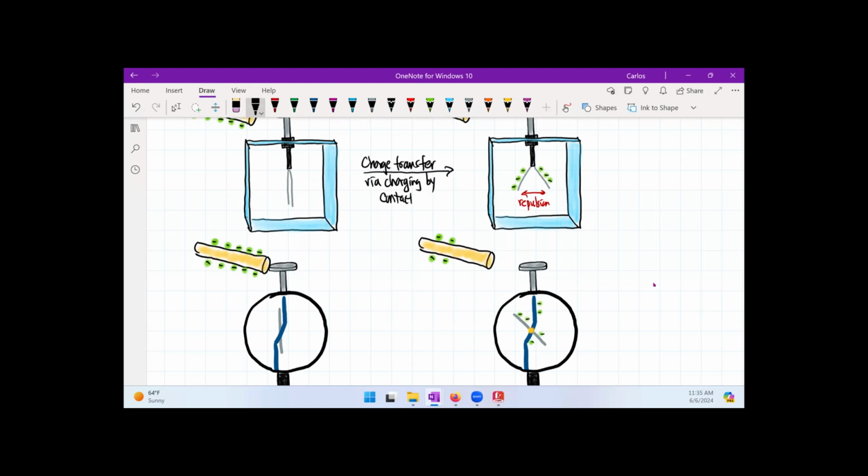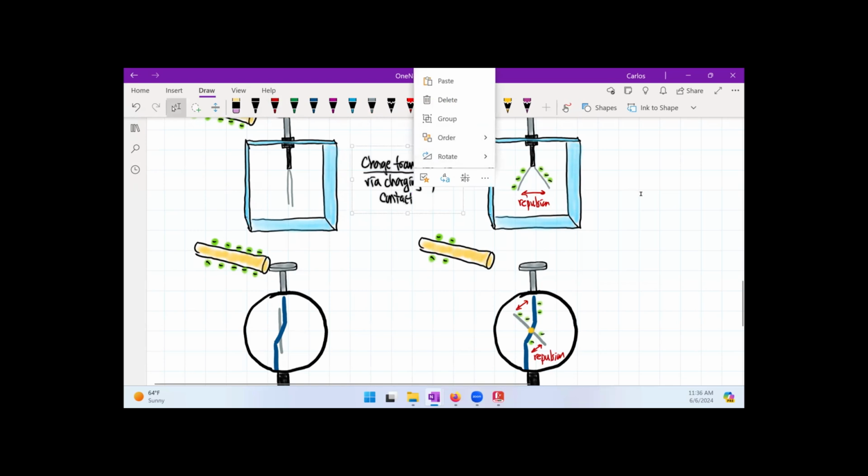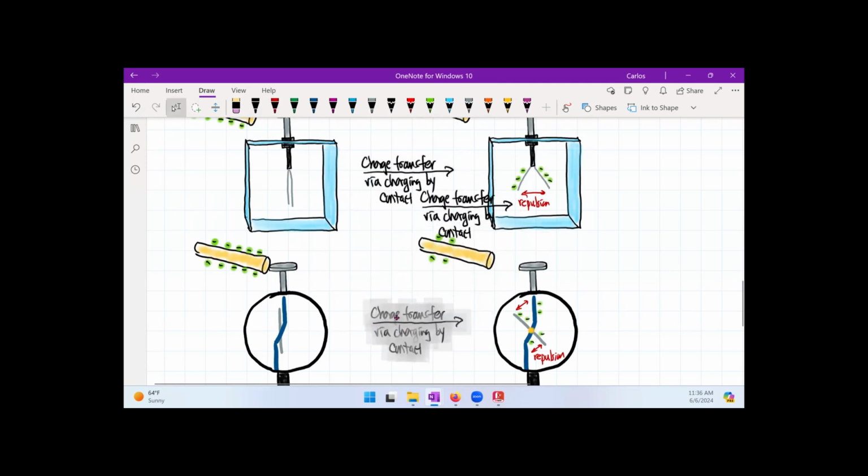So now what you're seeing here is that between here and here, and here and here, I get repulsion. In other words, when I'm looking at this guy, I get this process where I get charging by contact here. So these two do exactly the same thing.